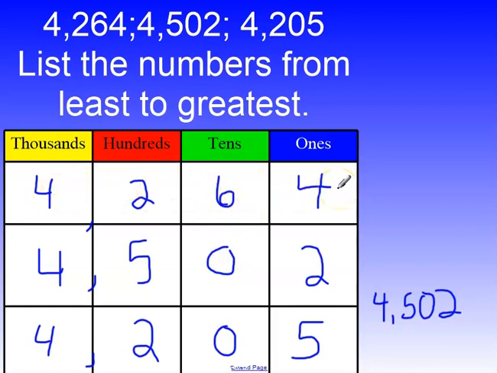So this number right here is going to be the number that's in the middle. And this number is going to be the number that is actually going to be up here, which is the least. It has the least groups of 10 in this case. So our least number is 4,205.